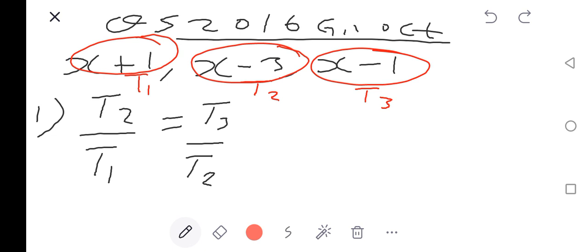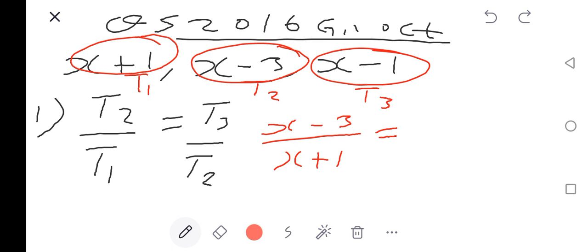So you replace the figures here. The T2, we've got x minus 3. The T1, you've got x plus 1.